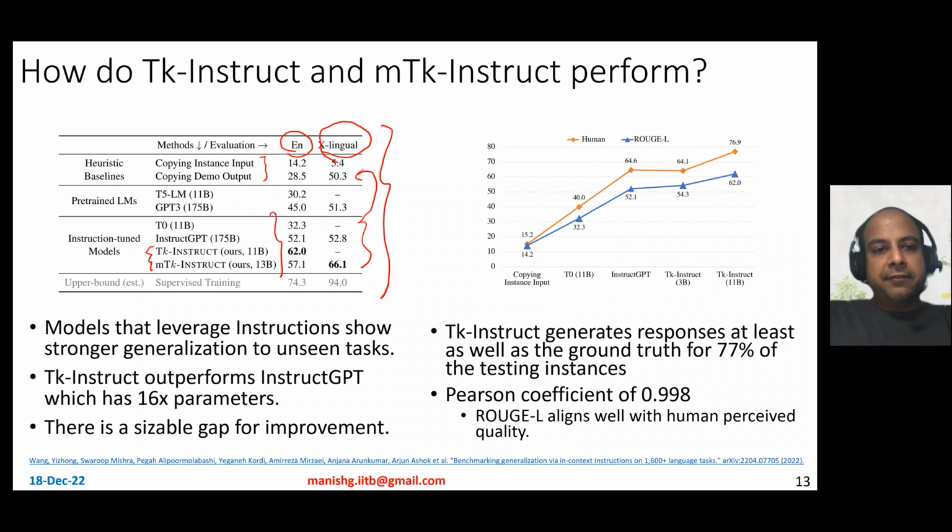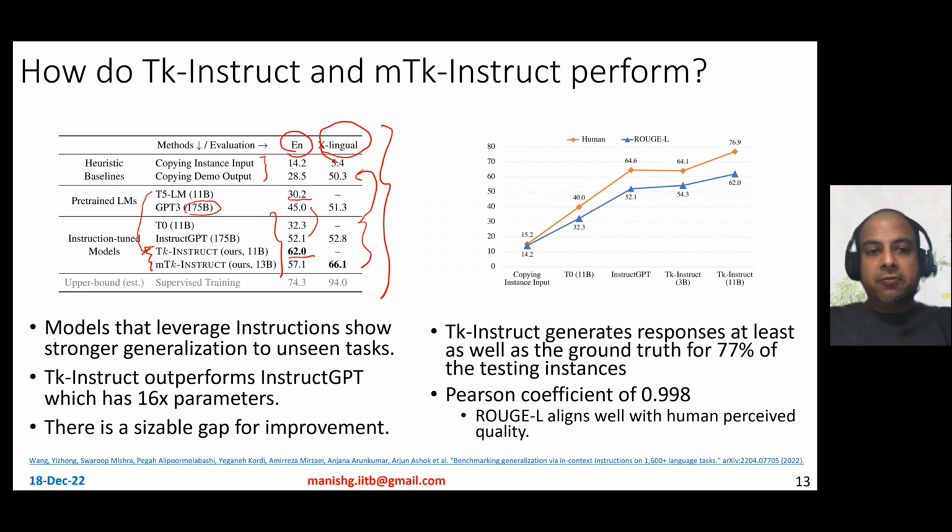So for example, T5 LM has been used to train Tk-Instruct, and clearly, as you see, the 11 billion parameter model is actually performing almost less than half as accurate as the Tk-Instruct model, right? Similarly, if you look at this 175 billion parameter model, it's 45 versus 52. So of course, InstructGPT is performing way better compared to GPT-3, right?